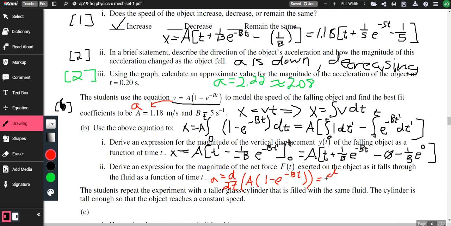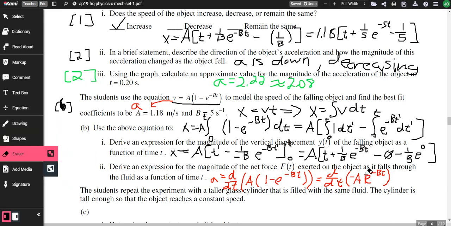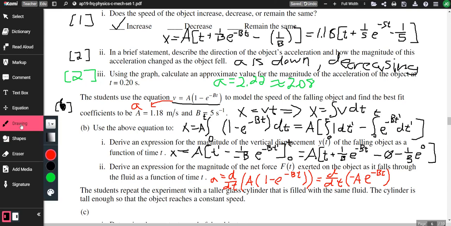This simplifies to the derivative with respect to time of a minus a e to the negative b t. As I mentioned, the e function derivative is extremely similar to the polynomial derivative. We take the exponent and multiply the coefficient by it. So this gets me negative a times the derivative of the exponent, which is just negative b.